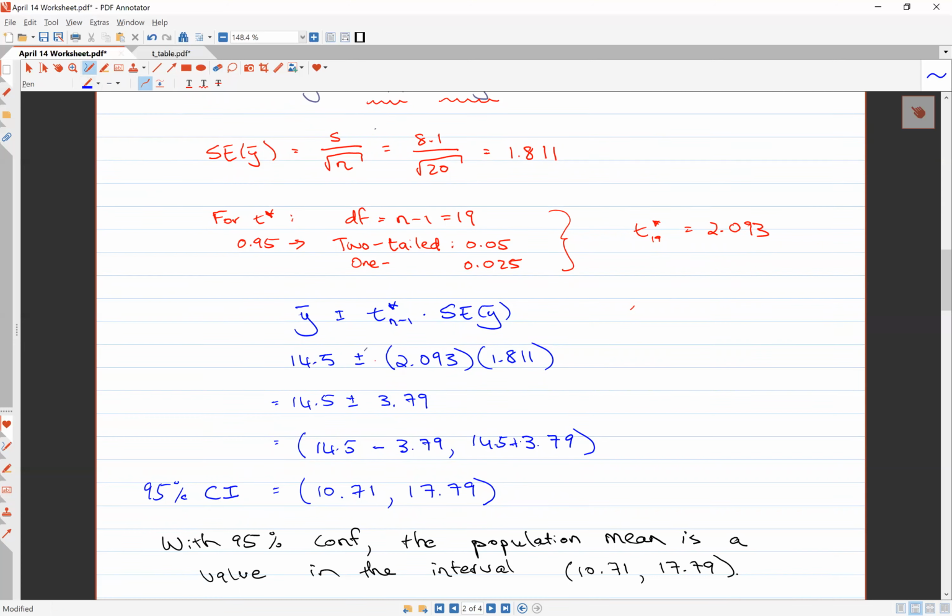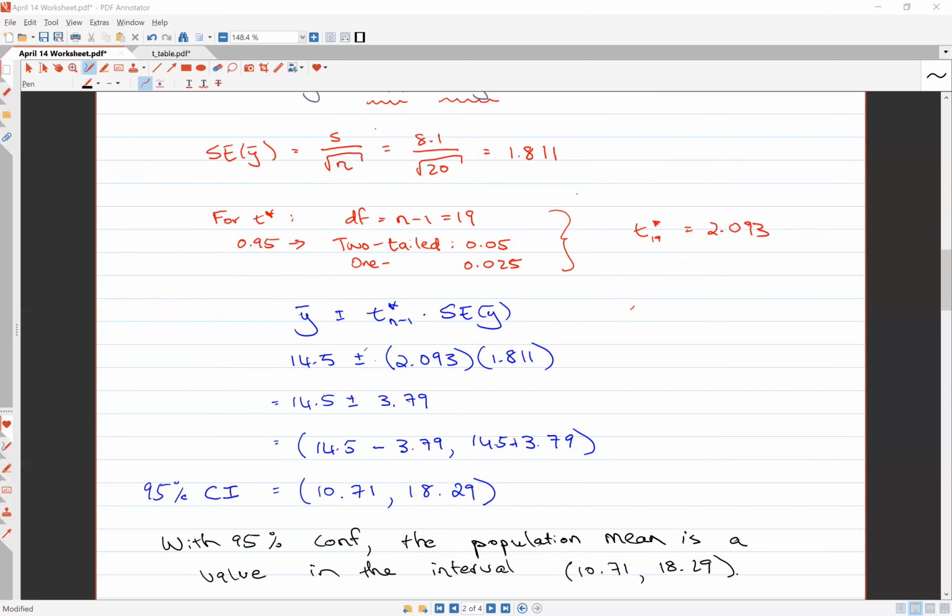And so that'll actually give us 18.29. So apologies, that's the actual confidence interval. I added the incorrect value there, so apologies.